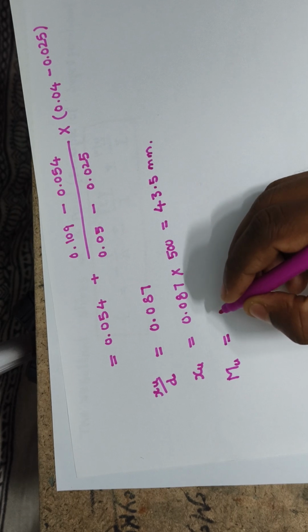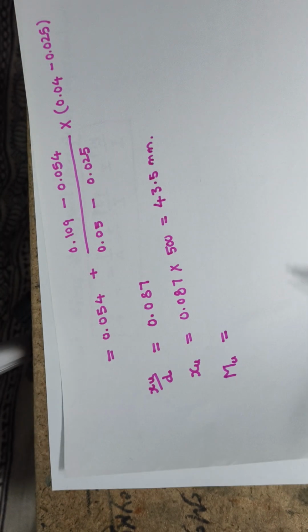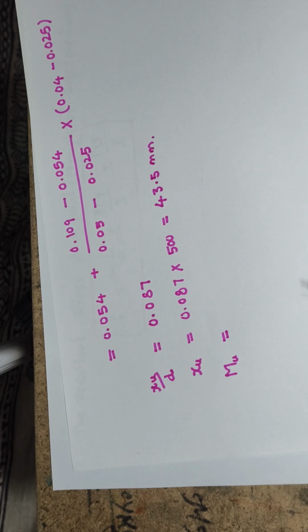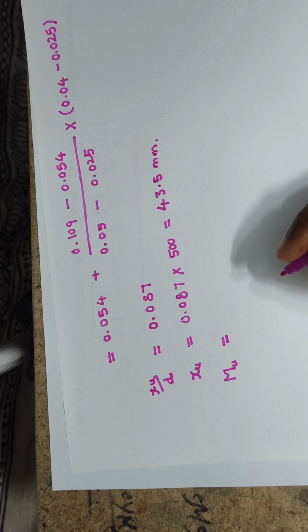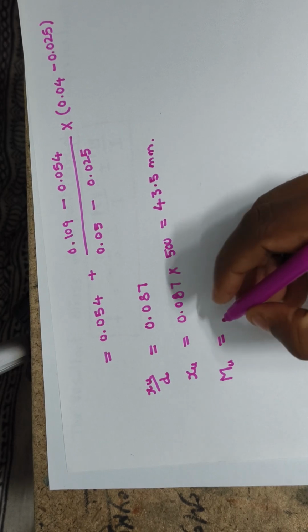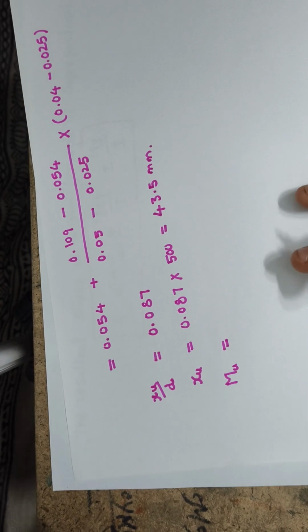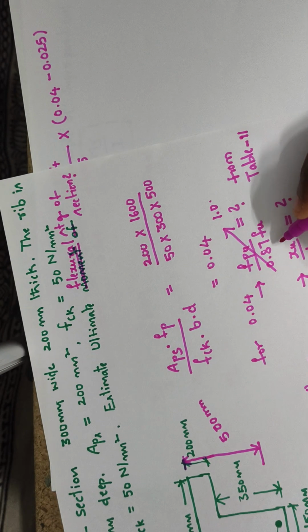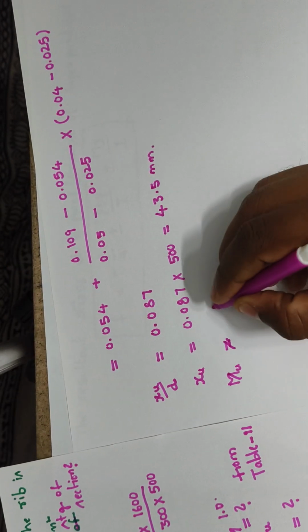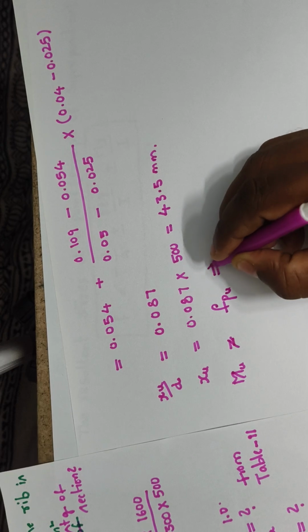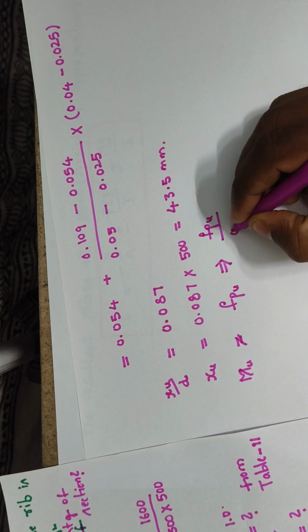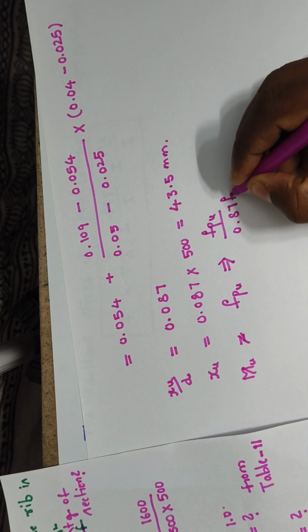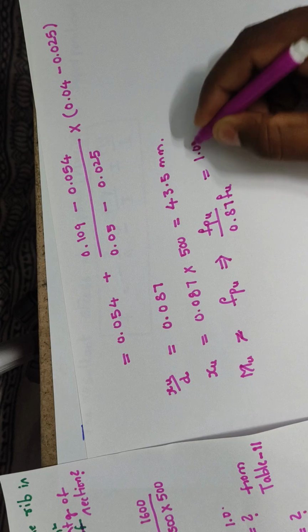Now Mu is equal to FPU. What is the FPU value? From here we need to determine the FPU value, right? FPU value will be obtained from FPU by 0.87 FP. This value will be 1.